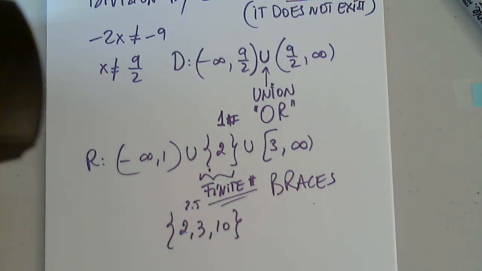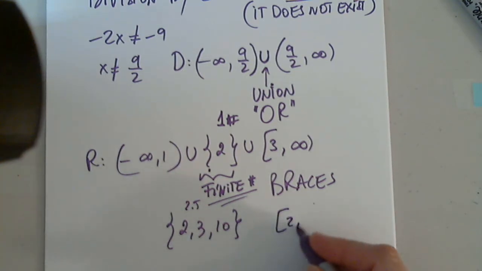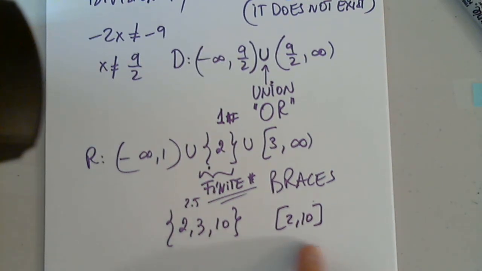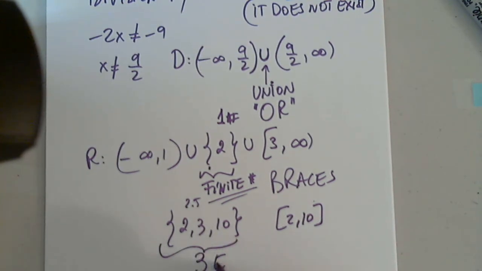I cannot use 2 comma 10 because that includes even 9.9 and 8.3 and 7.2, but this set only has 3 elements.